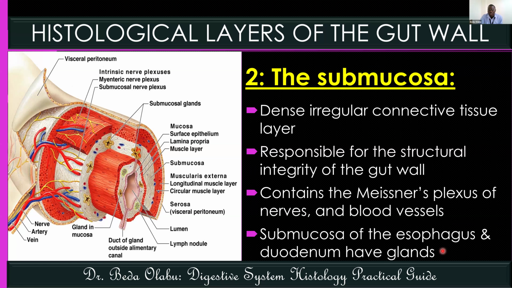So here we're talking about just GIT. You may learn shortly that the histology of the esophagus can be very similar to some parts of the body, but the presence of the submucosal glands of the esophagus makes it characteristic. Those other regions may not have submucosal glands.